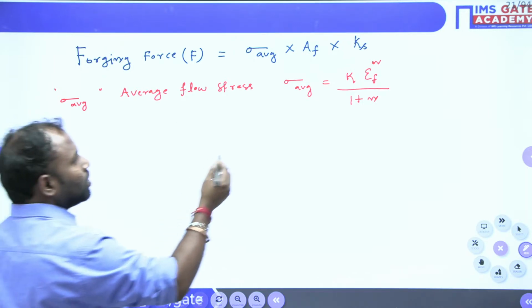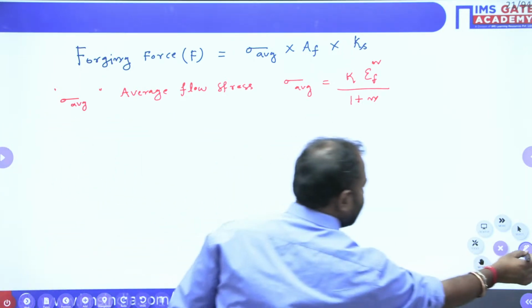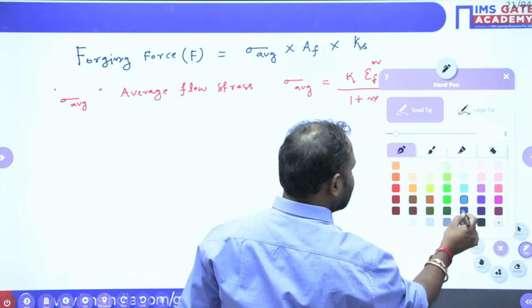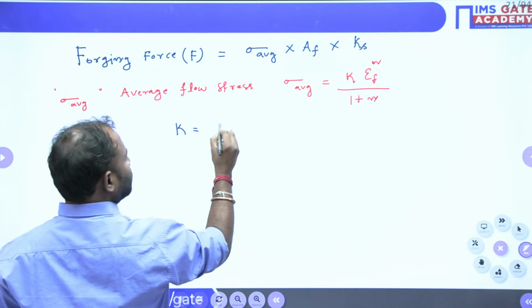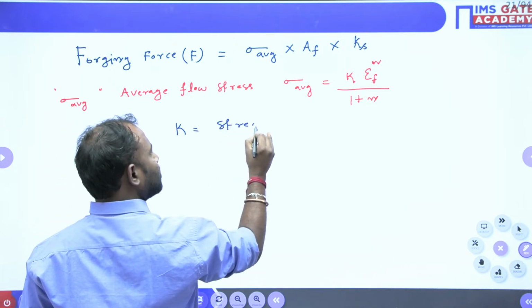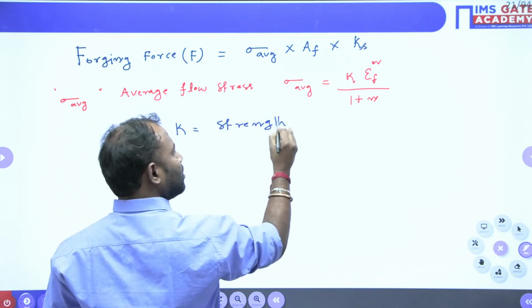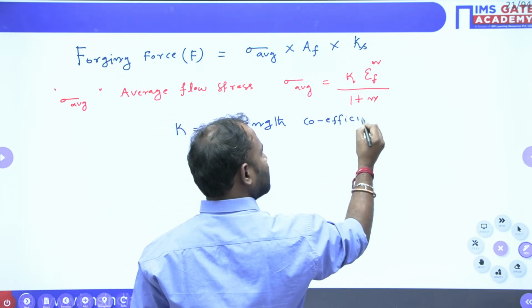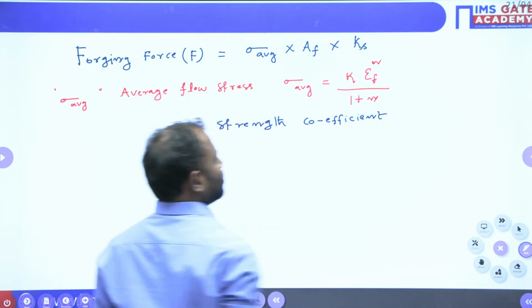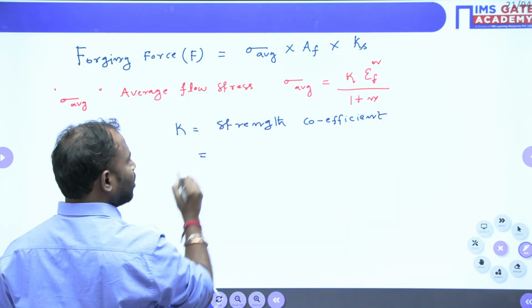Okay. Now K is given. Let me write that, the strength coefficient. K is equal to the strength coefficient. Here, how much do they give?